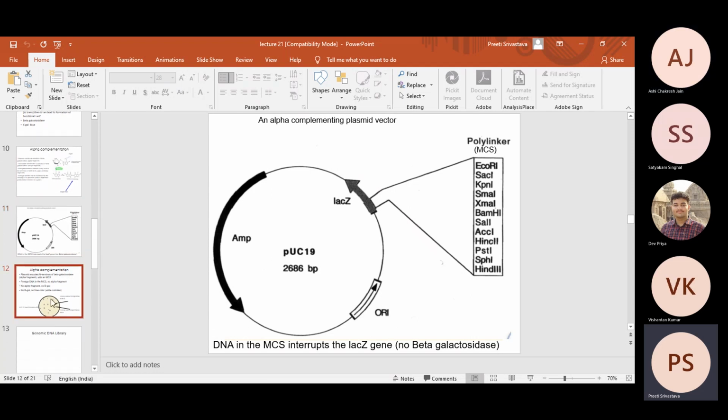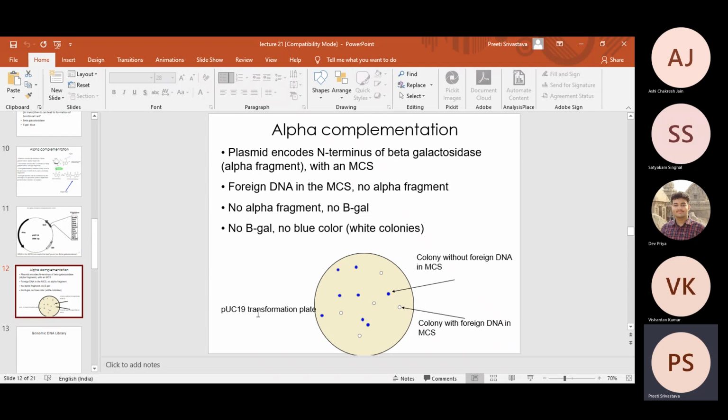So in such cases, what we end up getting is blue-white colonies. This is in general called blue-white screening. The white colonies are the desired ones because they contain your insert, and the blue colonies are the ones which do not contain any insert, because in these colonies pUC19 is making the alpha subunit, which is complementing the omega subunit coming from the E. coli chromosome, and it is turning the colony blue.